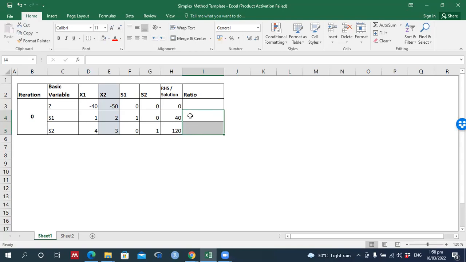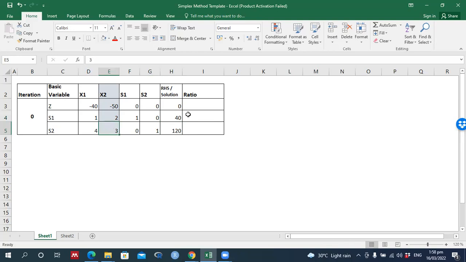The ratio here is equal to the right-hand side value divided by its corresponding pivot column value. So if we take this row, it is going to be 40 here divided by 2. If we take the next row, it is going to be 120 here divided by 3.